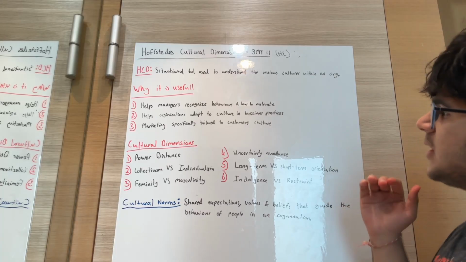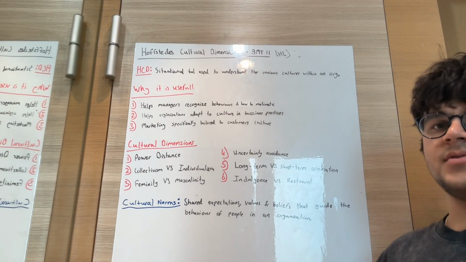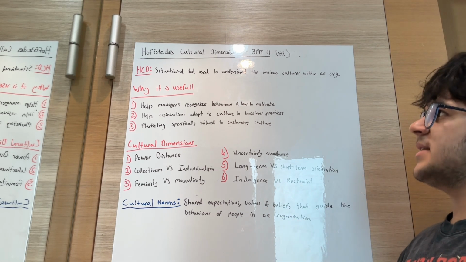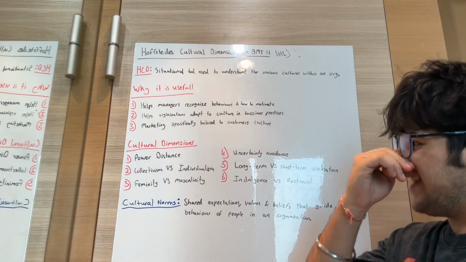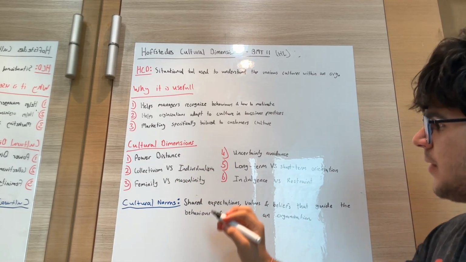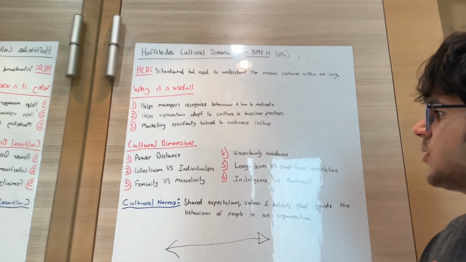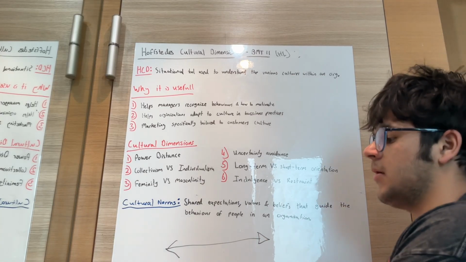So let's actually cover that in a second, okay? We'll get to that in a minute. But the cultural dimensions that Hofstede actually proclaims are these six, okay? It is kind of the idea where almost everything is on a scale, okay? So we have this idea of power distance. You can have a lot of power distance or a lot less.